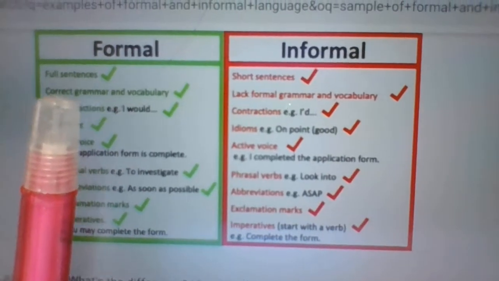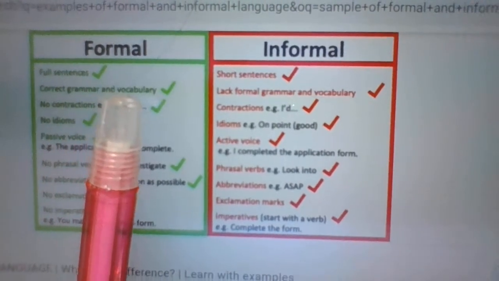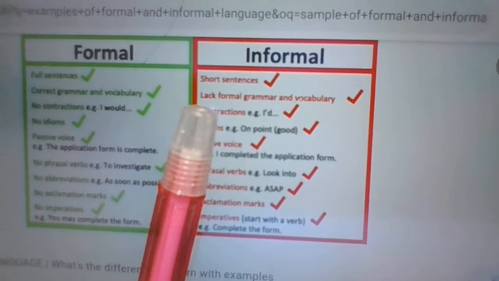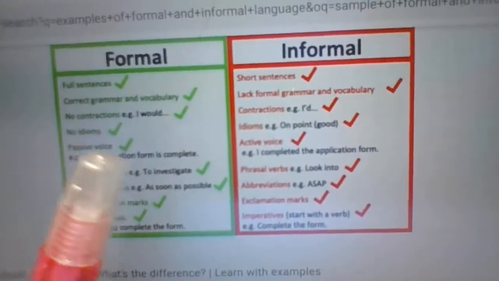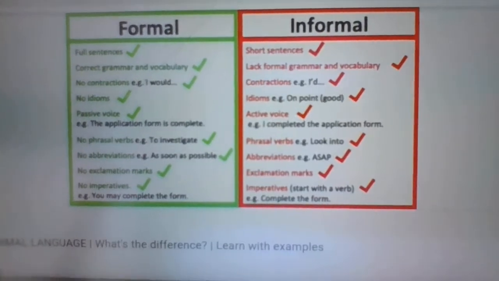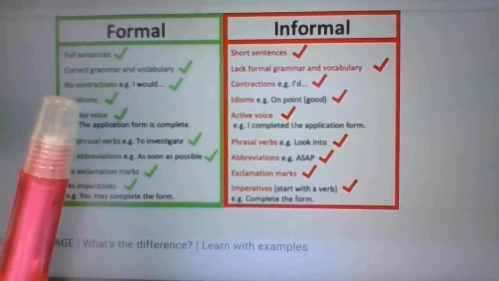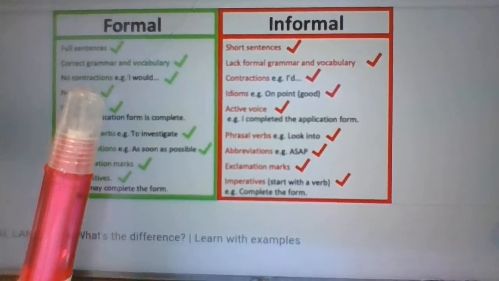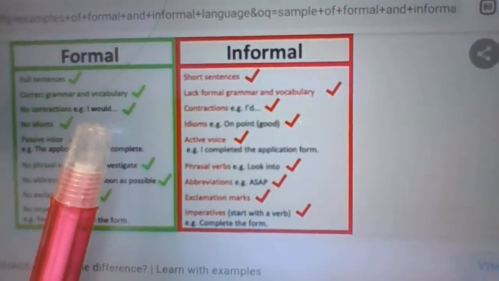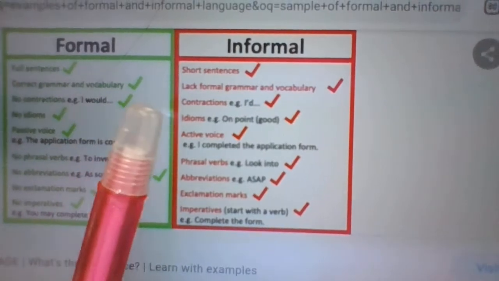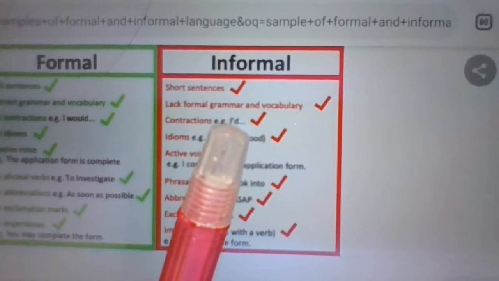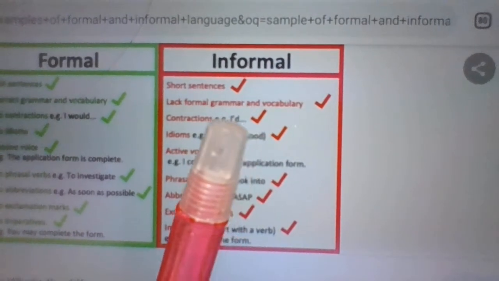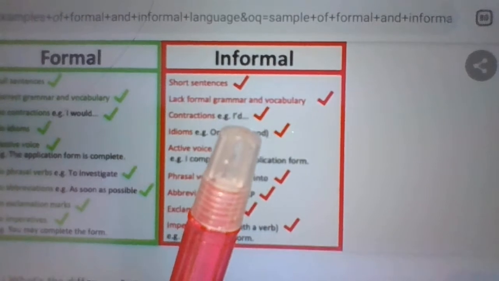Next, correct grammar and vocabulary for formal, and lack of formal grammar and vocabulary for informal. I'll show you an example of this. No contractions, tiada kata singkatan. And then this one has contractions, for example, I'd, I won't, I would, or I had, I'd.